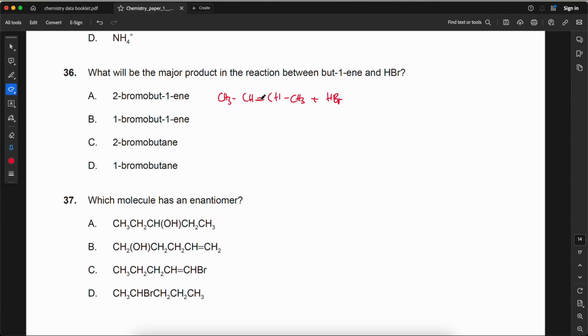So this would be Br and this would be H. So it's 2-bromobutane. If it's here, you put Br, it also would be 2-bromobutane, not 3-bromobutane, because it should be on the lowest C number.